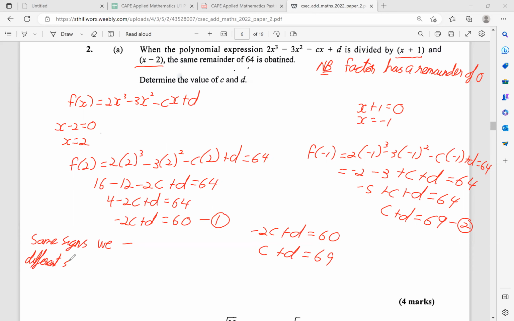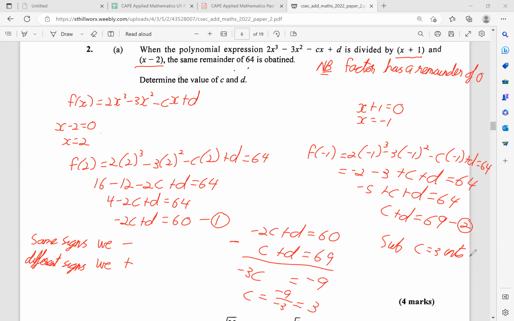So minus 2c minus c is minus 3c. d minus d is 0. 60 minus 69 is minus 9. c is minus 9 over minus 3, which is 3. And then we will sub c equals 3 into equation, let's go equation 2.